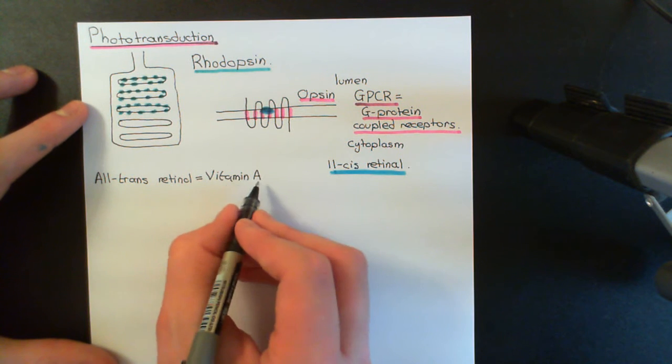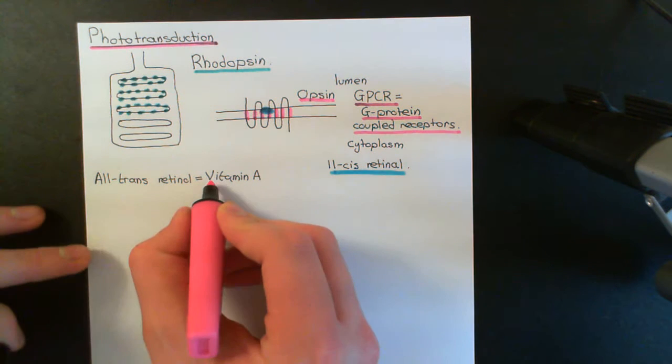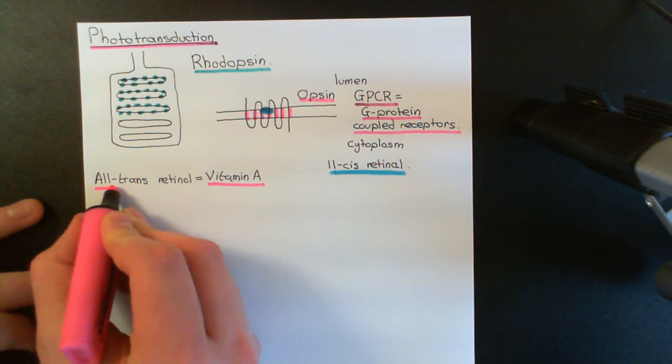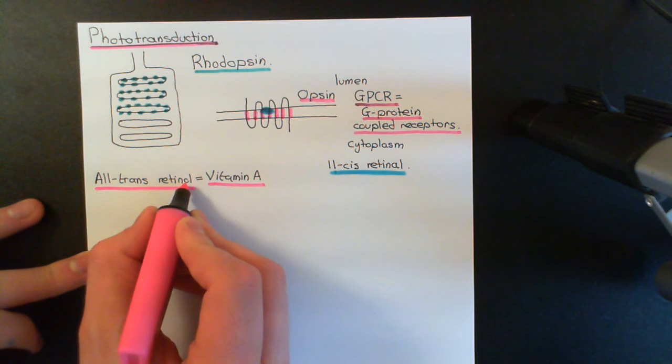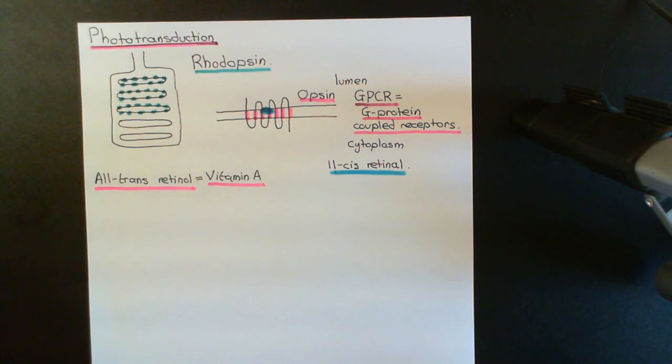Some people will use the term vitamin A to mean a huge variety of molecules associated with all-trans retinol, but generally when people say vitamin A, they mean this specific molecule, all-trans retinol, and notice the "ol" rather than the "al" over here. So we'll start off by having a look at the structure of all-trans retinol, then we'll go on to all-trans retinal, and then finally we'll have a look at the structure of 11-cis retinal.